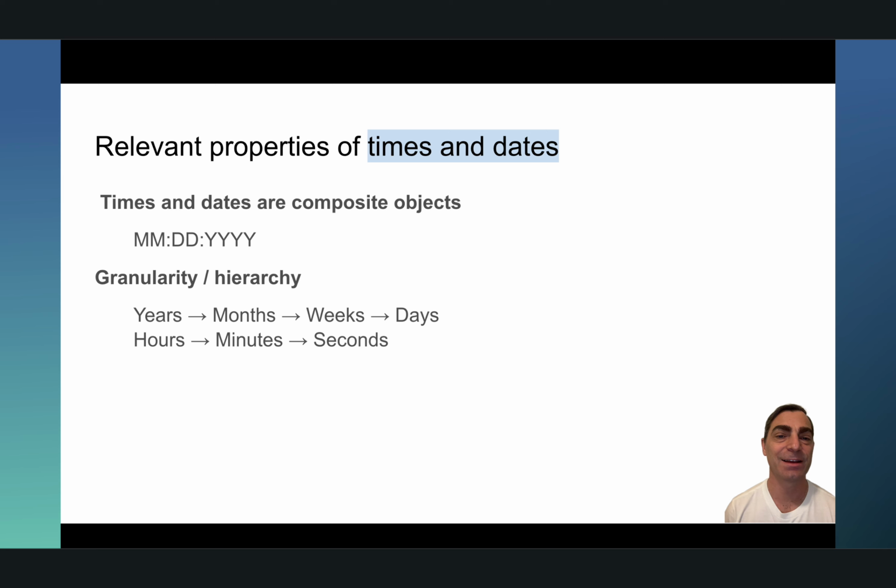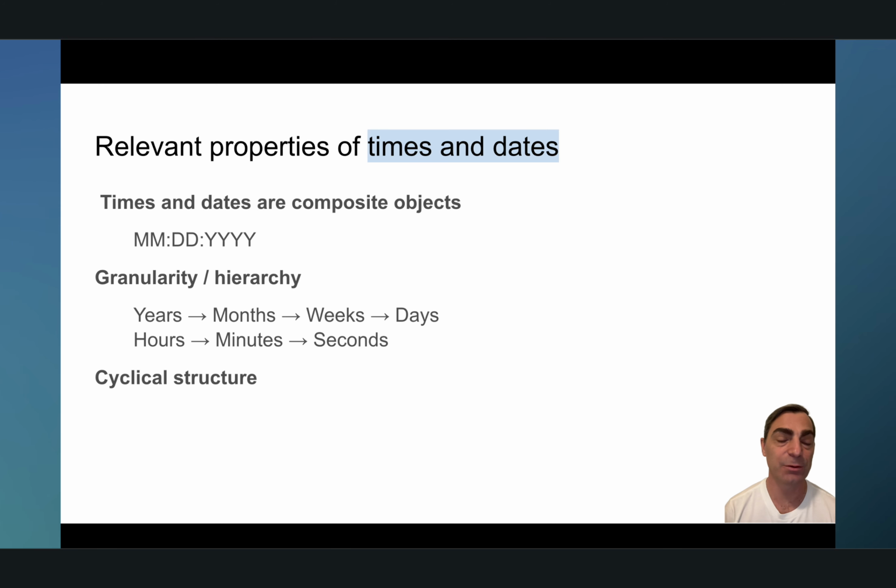Using once again the vehicle collision dataset, you can, for instance, look at information about people injured at the granularity level of years, months, weeks, days, or you can look at the number of people injured in collisions at different times of the day in terms of hours, or a granularity of minutes, or a granularity of seconds.